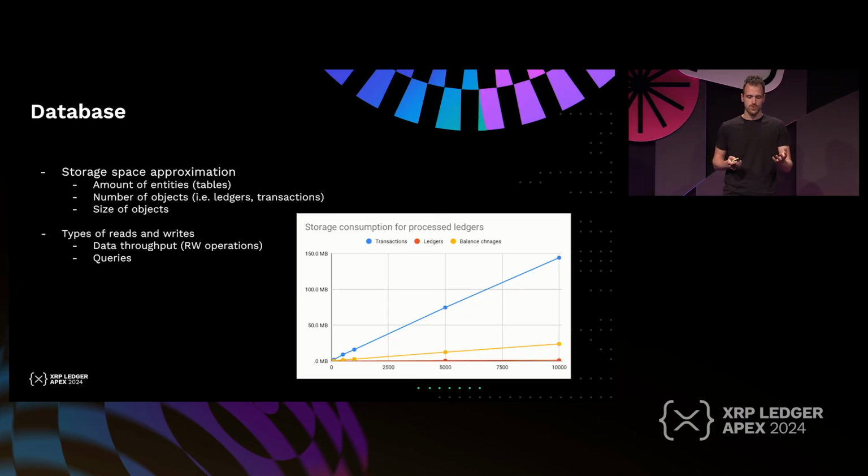We did a pretty good job of estimating, for instance, transactions, but balance changes, which are derived from the affected nodes, are more difficult to predict how these will scale up. So this is also a good test to see how everything scales with the amount of data.